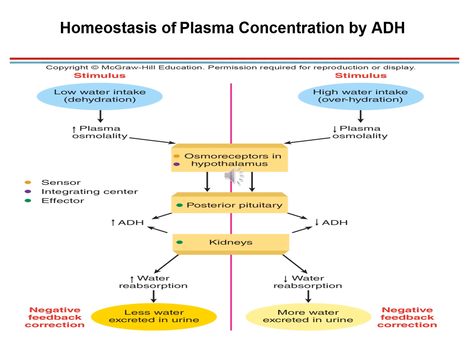Now the osmoreceptors are informed about the change in the scenario. On the right side of the slide, you have the opposite scenario, where we have high water intake, obviously within the limit that is beneficial for our physiology. If we have high water intake, the plasma osmolarity decreases. The osmoreceptors are informed that the plasma is hypotonic.